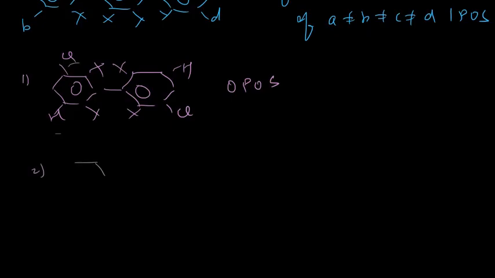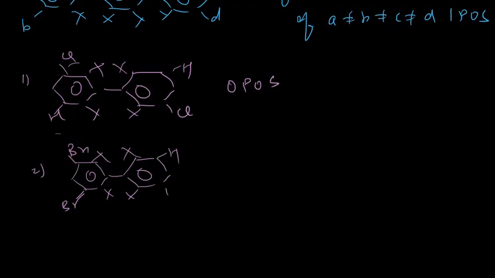So I hope you are smart enough to understand, because in 3D it is very good to understand, but in 2D it is a little bit tedious. But once you get it, you will find it very easy. It is having 1 POS.